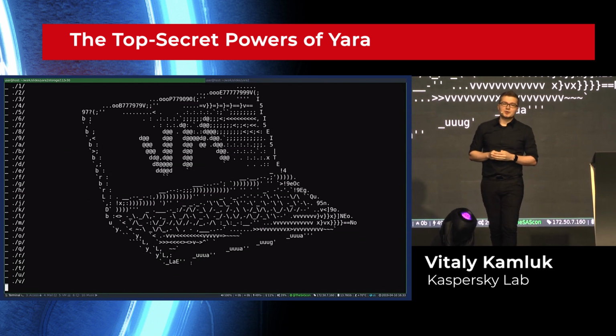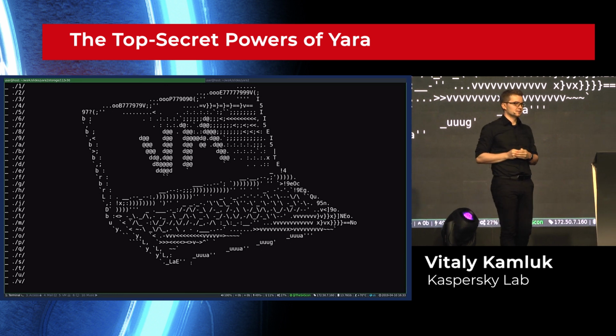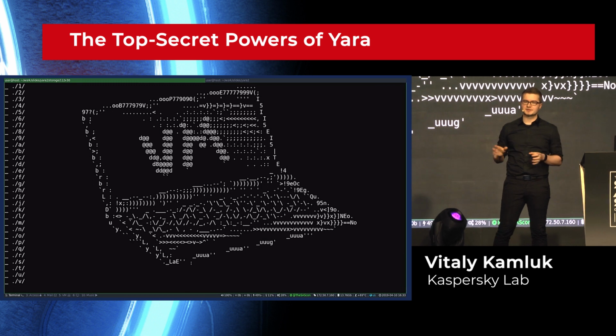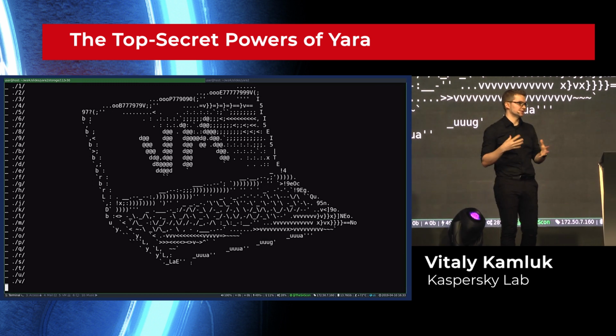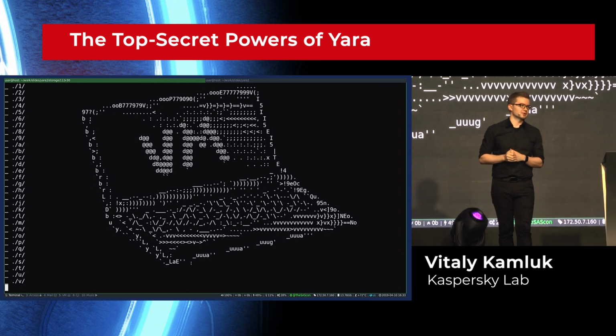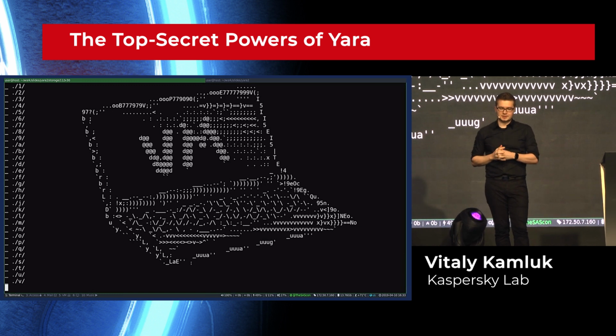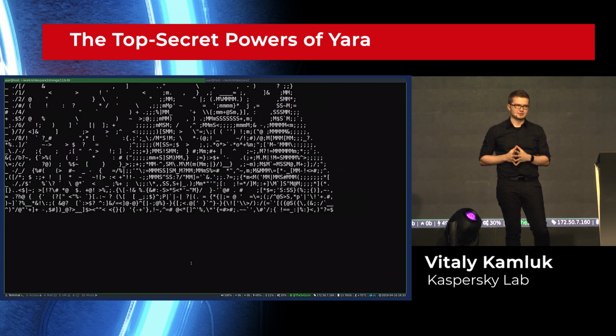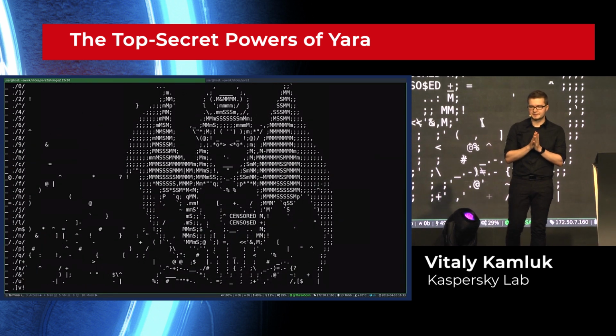Well, why and how is it possible? Because some of the latest versions of Yara started including their own virtual machine, a very small stack-based virtual machine, which allows some dynamics for the binary rules. And that virtual machine can be used to create and use necessary conditions to exploit the vulnerability.